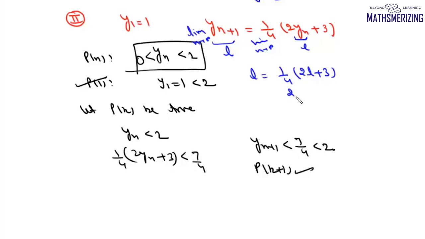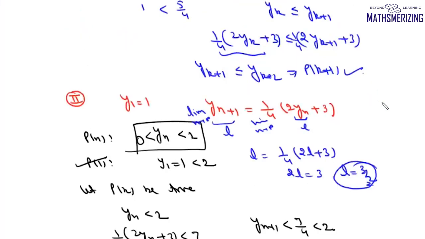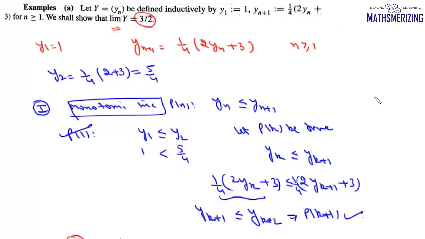So it will be 2L equals 3, or the value of L is 3 by 2. So this sequence will converge to 3 by 2. That is, the value of limit n tends to infinity of yn will be 3 by 2.